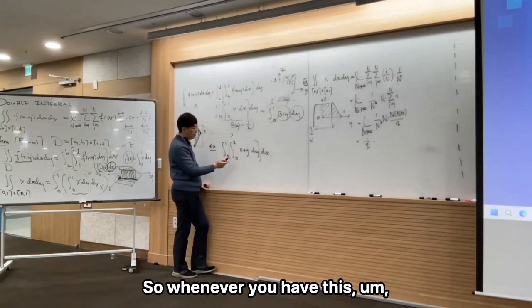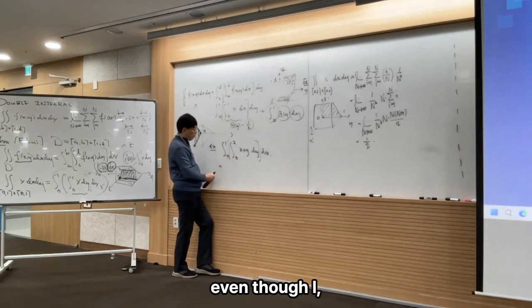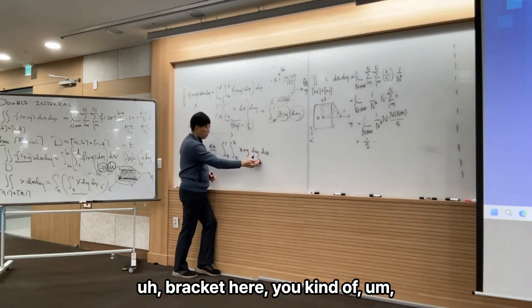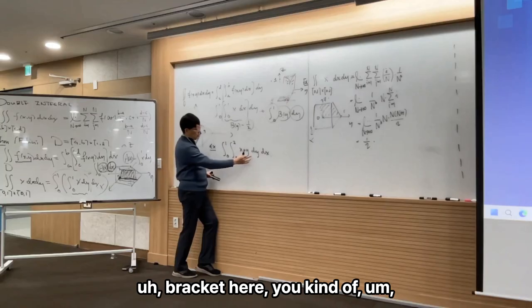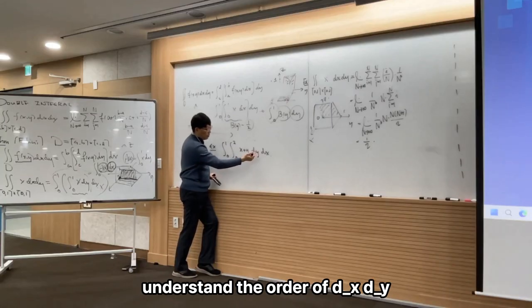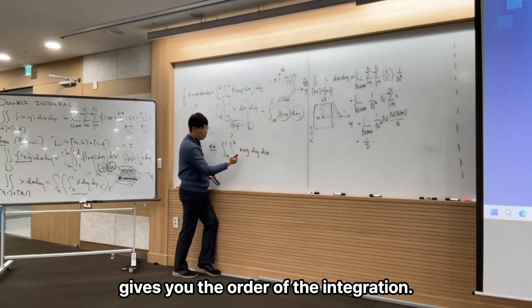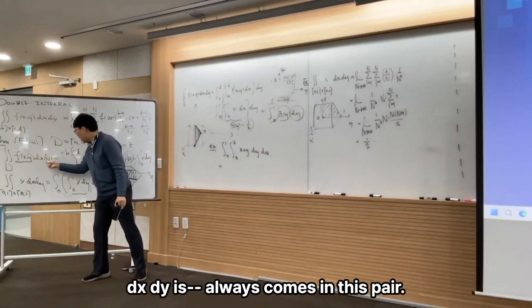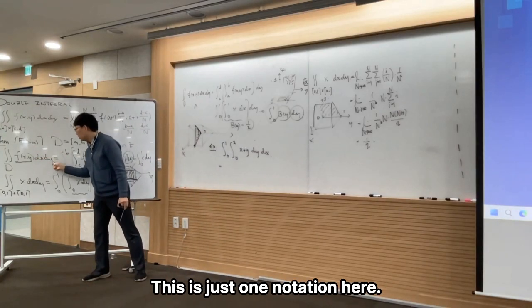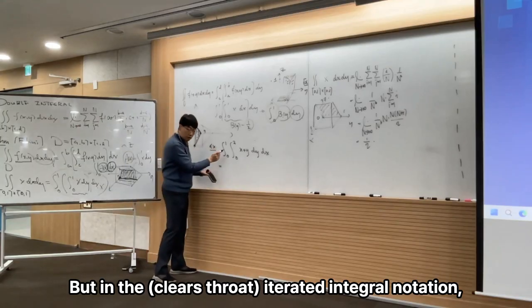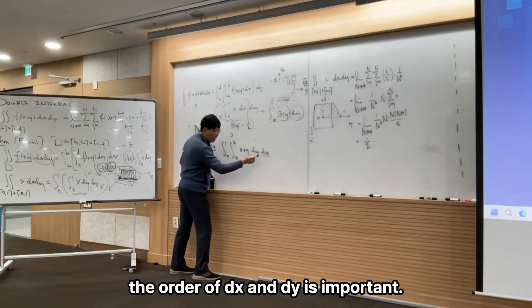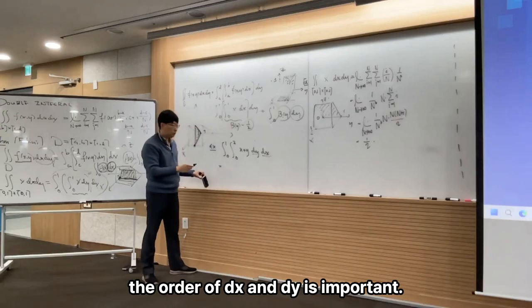Even though sometimes people omit the bracket here, you understand that the order of dx dy gives you the order of the integration. In the double integration, dx dy always comes as a pair. This is just one notation. But in the iterated integral notation, the order of dx and dy is important.